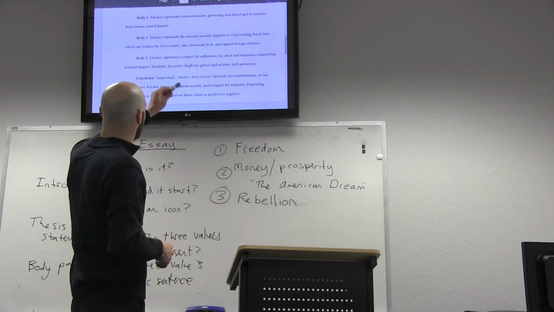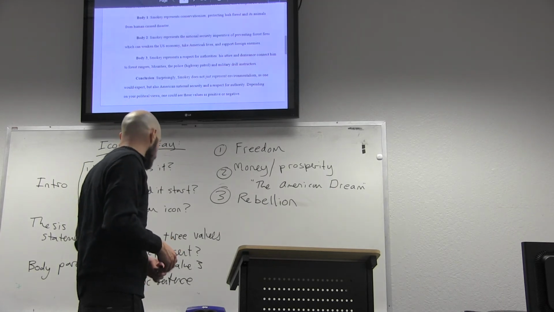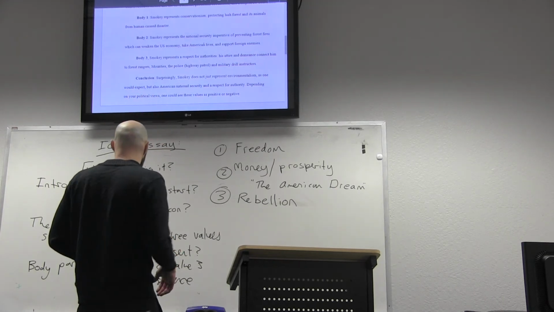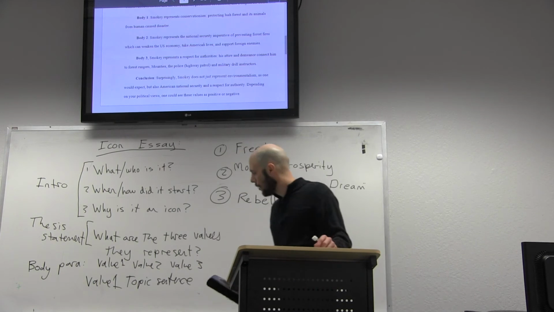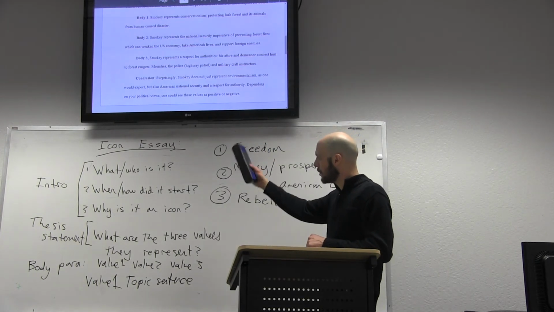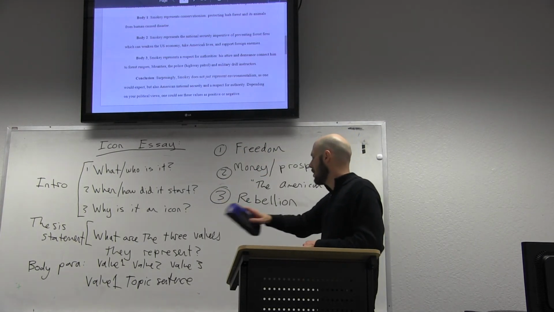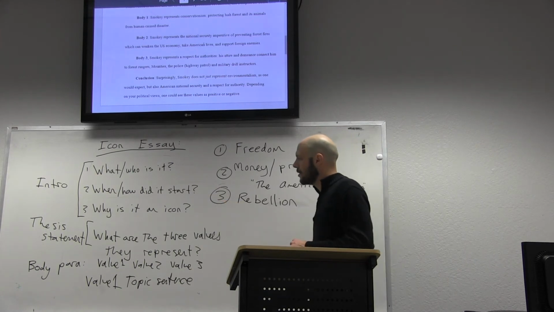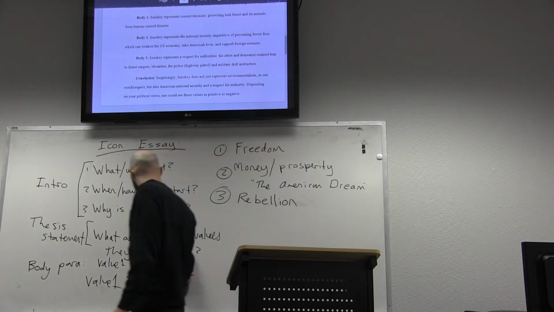So that's what I would explain to back up that topic sentence. So there's all that information. Intro, those 3 questions, thesis statement, body paragraphs connecting to the 3 parts of your thesis statement.